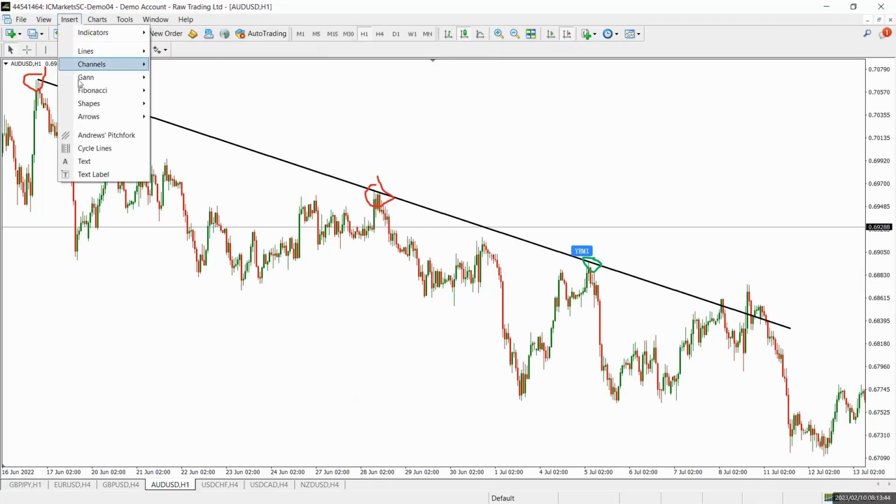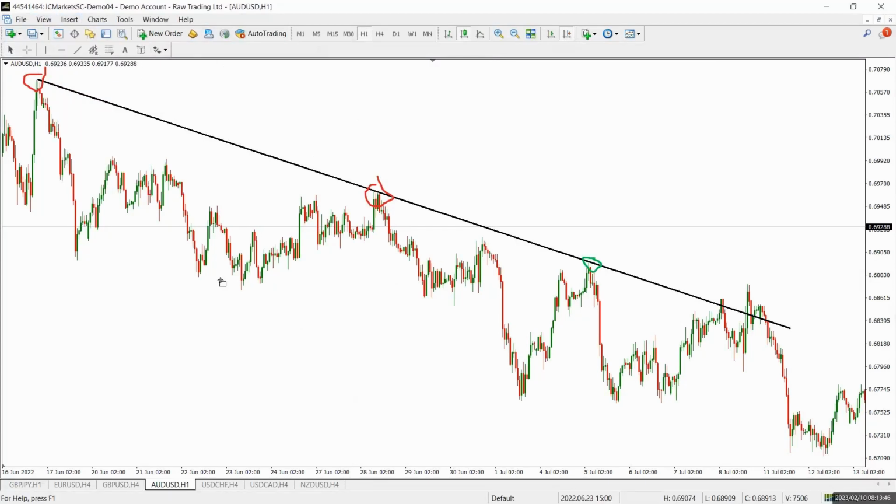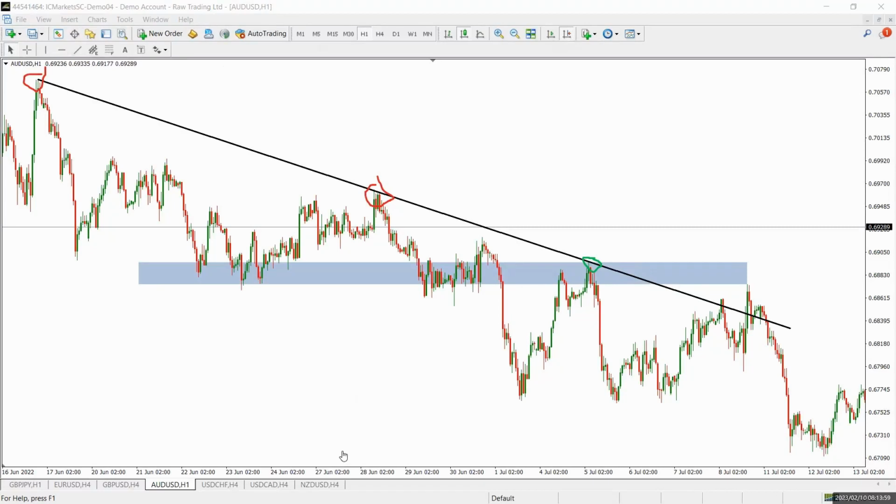I look to the left and see there's a previous area of support turned resistance. Now, do you see this level right here, the price turned this previous area of support into an area of resistance.